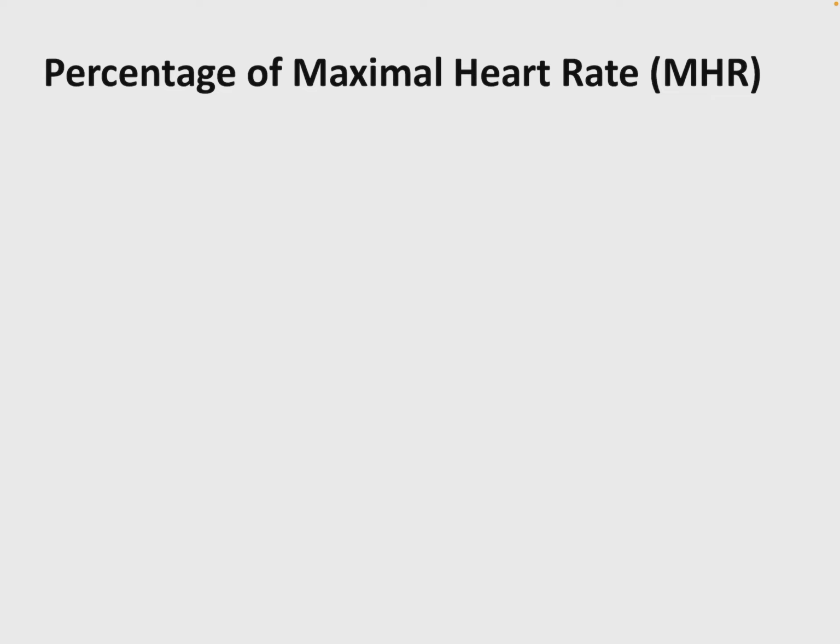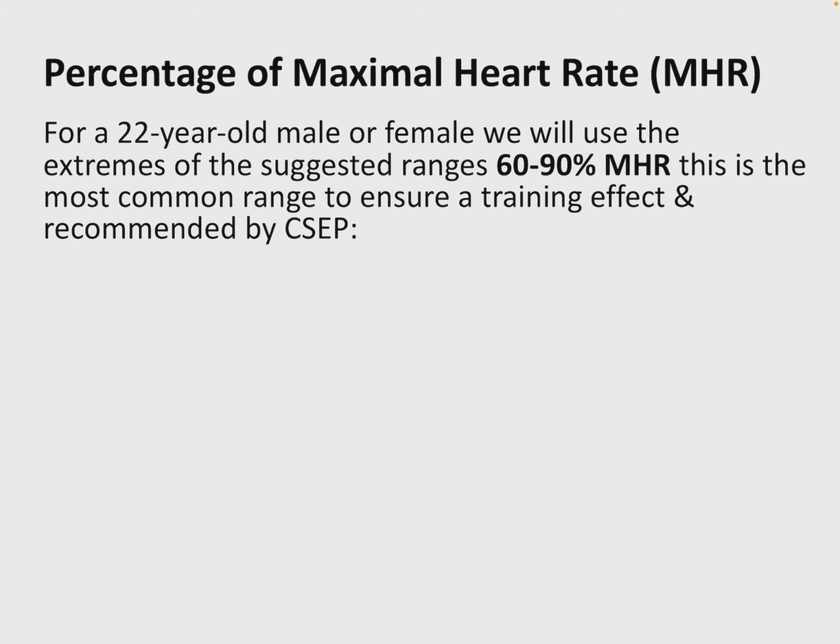And so our most common age prediction equation would be 220 minus our age. But there's a lot of room for error there. The standard error of estimate is around 11 beats per minute with 220 minus age. So your max heart rate might actually be 11 beats per minute higher or lower than what your age predicted maximum is.